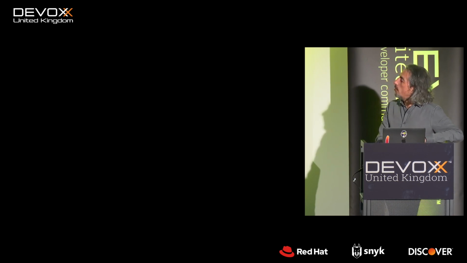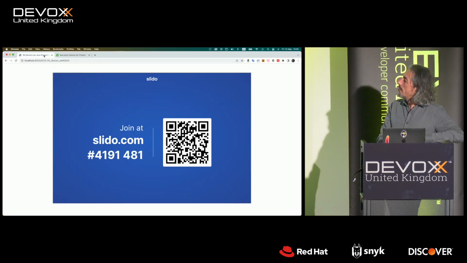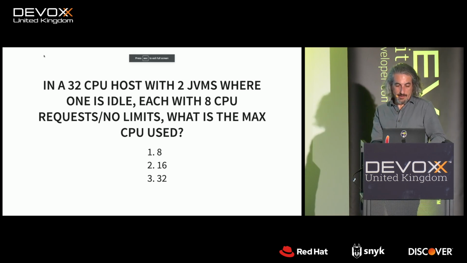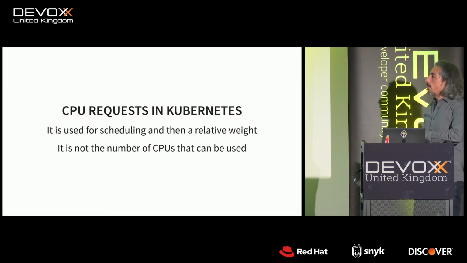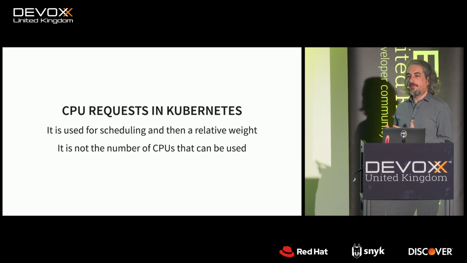Let me explain why this CPU thing works this way, because I think that's the important part. So CPU requests in Kubernetes are used for scheduling first.